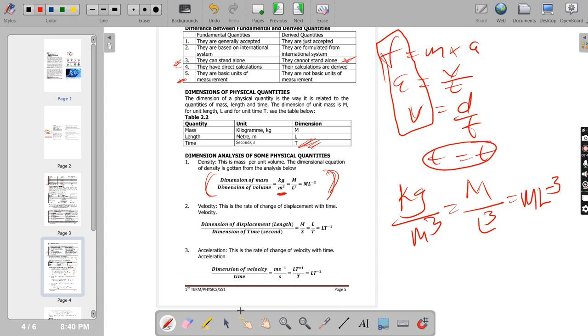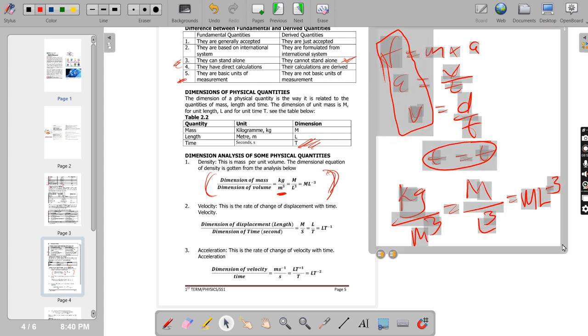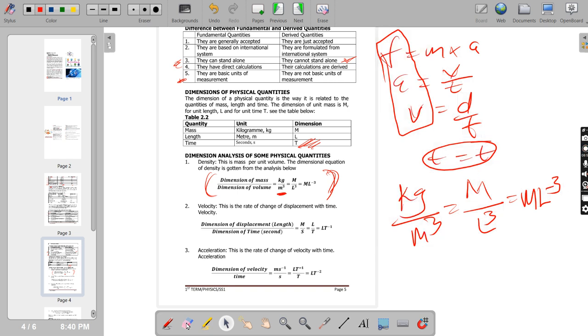Okay, should I delete this? Instead of deleting this, I will just minimize it. No, that's not my tool for minimization. I can't remember the particular tool I used.